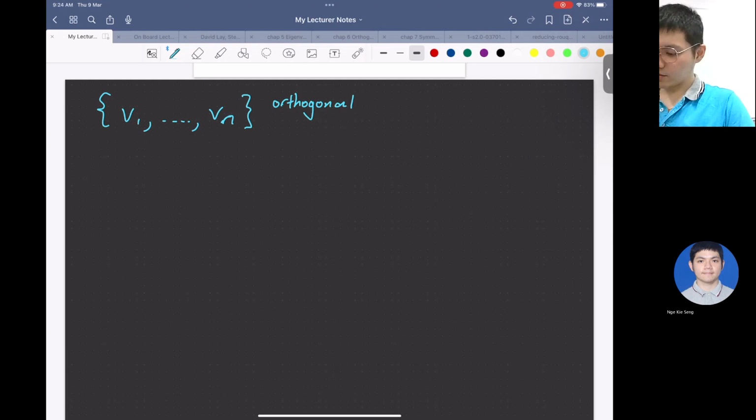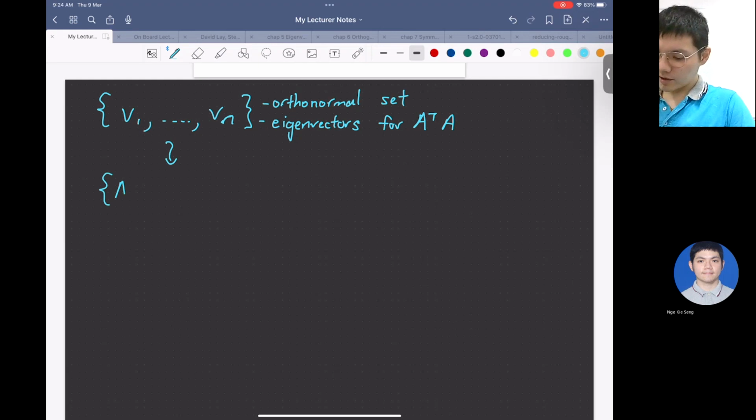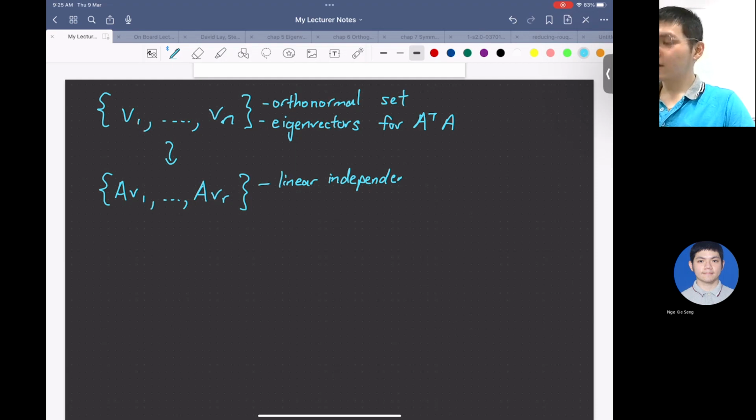Up to n is an orthonormal set, orthogonal, sorry, orthonormal is stronger, and they are eigenvectors of A transpose A. And then we see from the theorem that this forms a linearly independent set. Is that right? That's right.